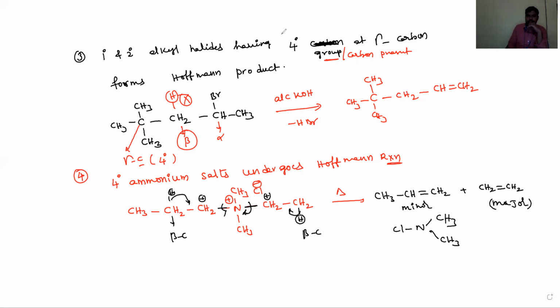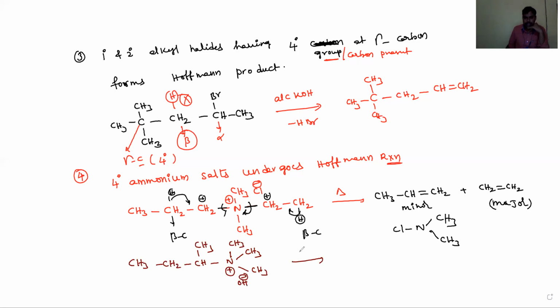In the same way, one more example I will give you. Another example is CH3CH2 bond CH bond CH3 bond N bond CH3, bond CH3, with one more CH3 present, as a salt with OH minus.